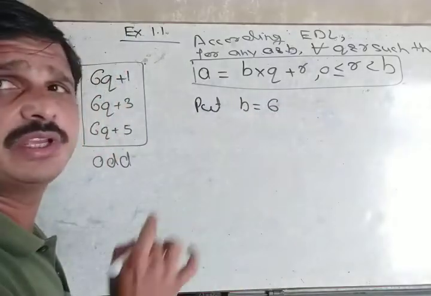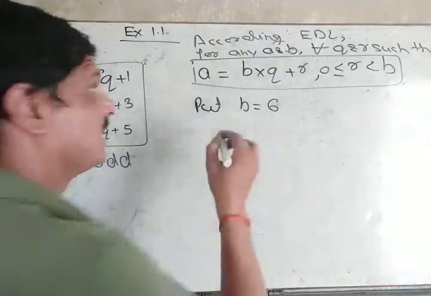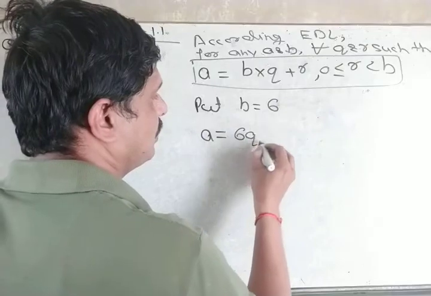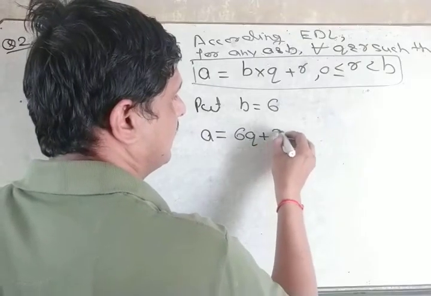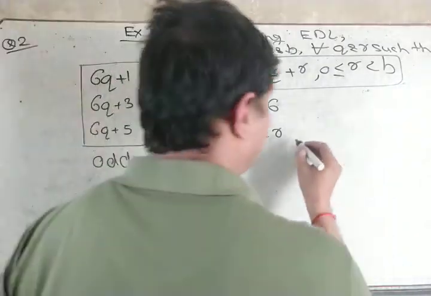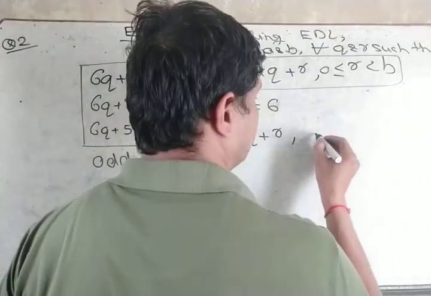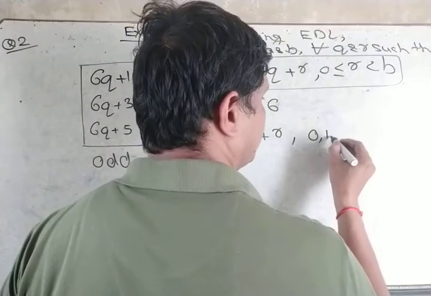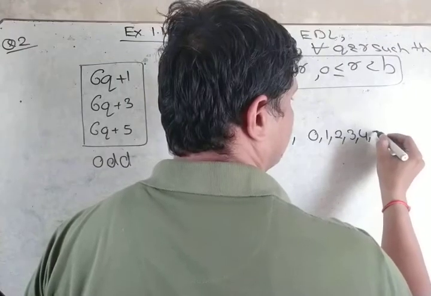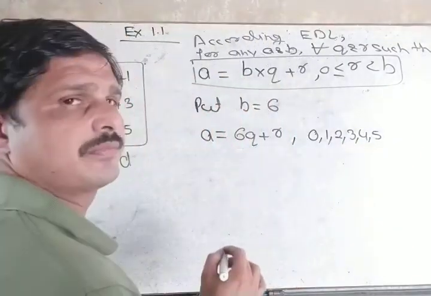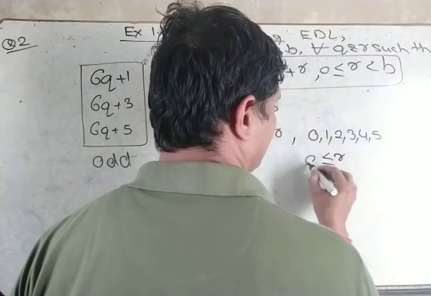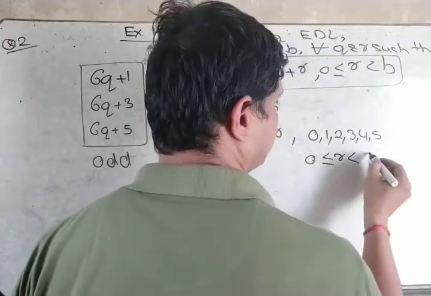When you put b equal to 6, the number would be of the type a = 6q + r. Now, when you put 6, then r would be either 0, 1, 2, 3, 4, or 5, because r is greater than or equal to 0 and less than b, that is 6.